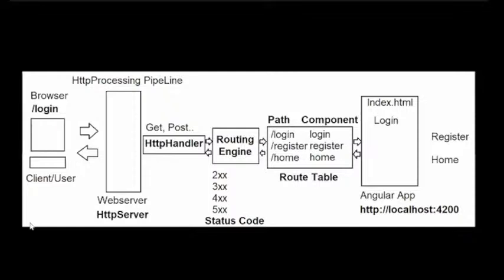It will make use of a routing engine. This routing engine will take help of the route table. It will verify whether the requested path is available in that application or not. If it is available, then it will load that component, and after that, it will deliver that component to you on screen so that you can see login.